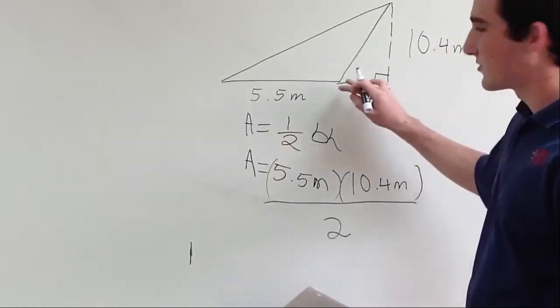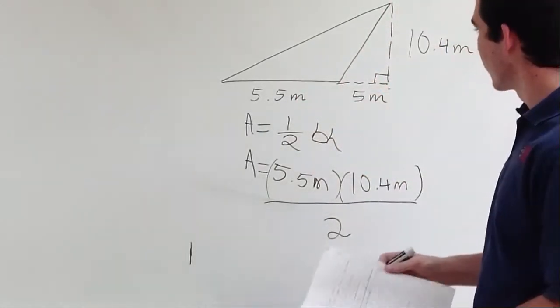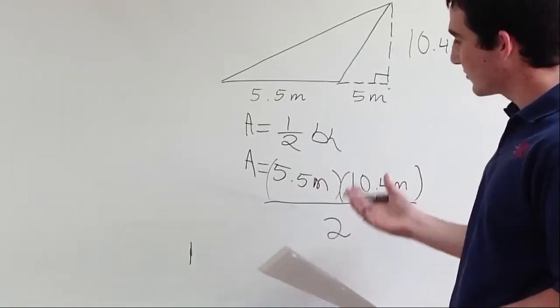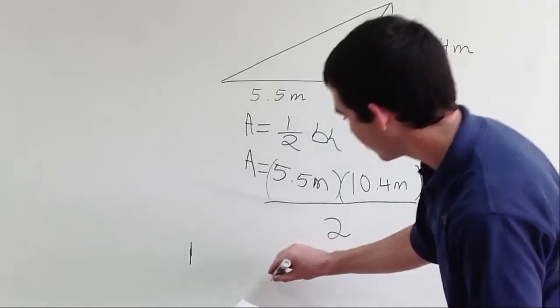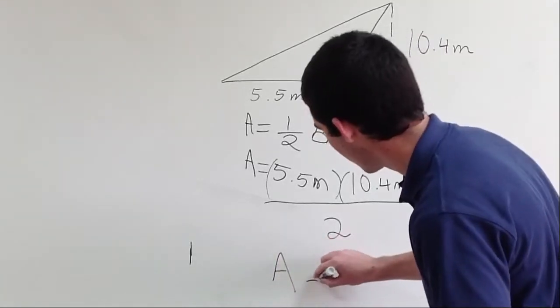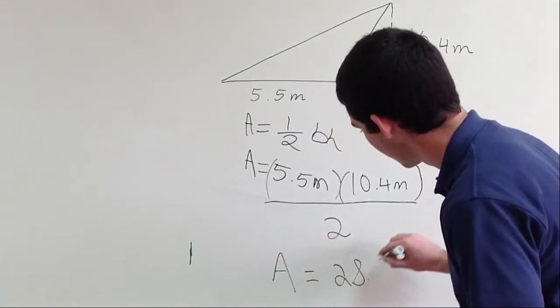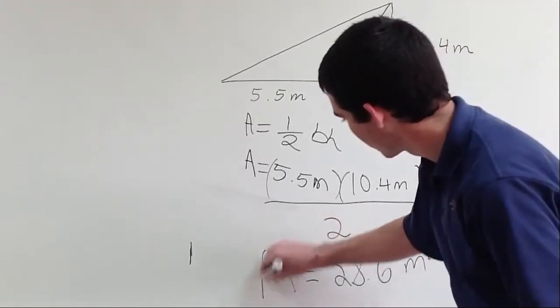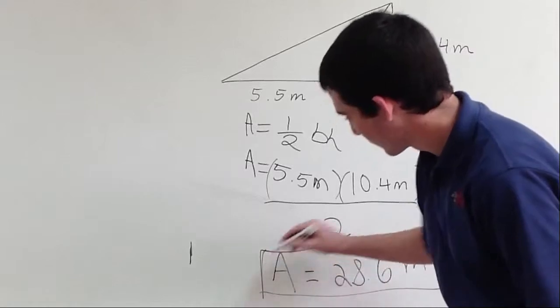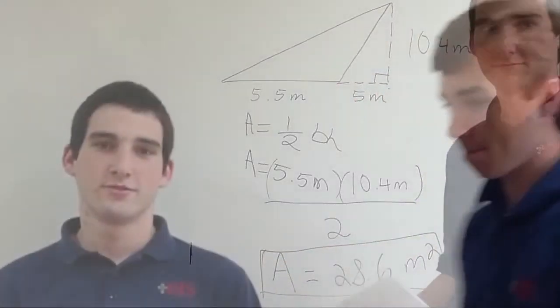This extra 5 meters is unnecessary. If we enter this equation into a calculator, you will end up with area equals 28.6 meters squared. That is your final answer.